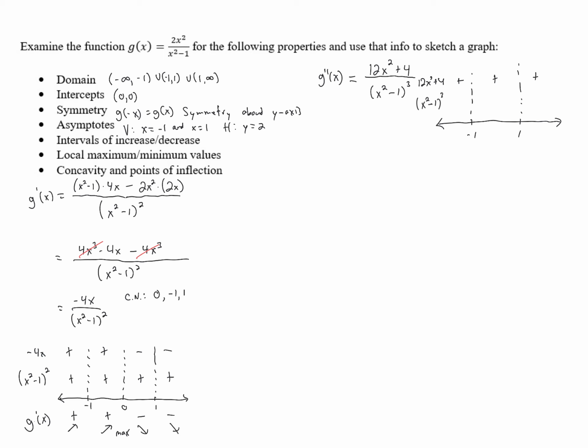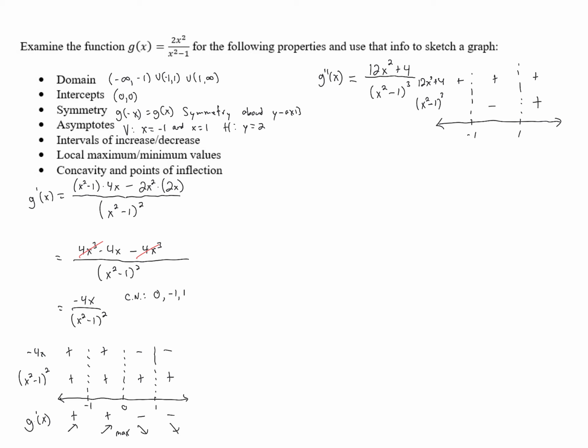Let's see, if x is bigger than 1, then x squared is bigger than 1, and then this is positive, and a positive cubed is positive. If x is between negative 1 and 1, for example, if x is 0, this is negative, and a negative cubed is negative.